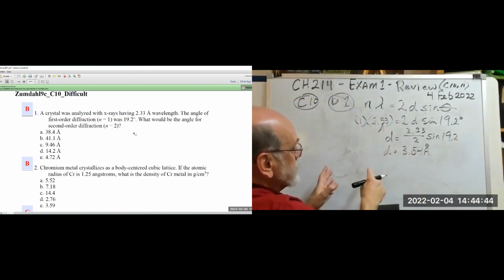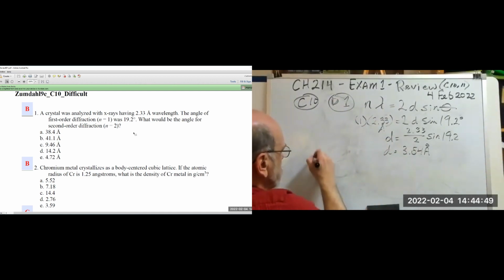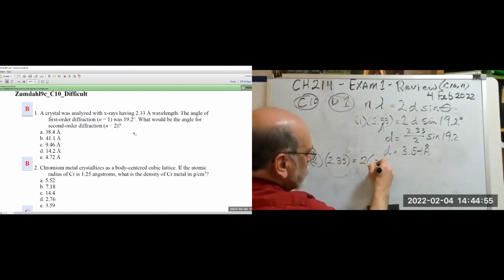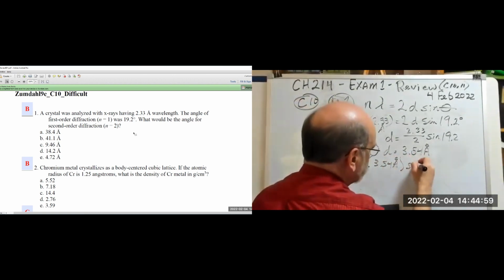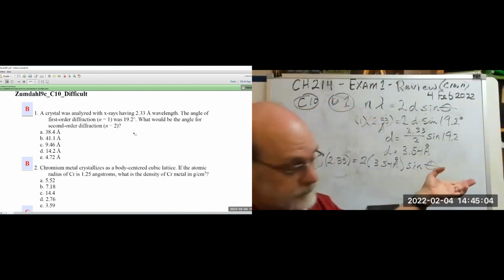Now for the next equation, instead of 1, we're going to have 2 here. So 2 times the same wavelength of light equals 2 times 3.54 angstroms times sine theta, the second order theta.